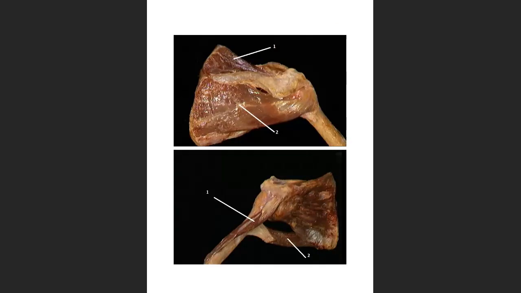Okay. Now this right here. Okay, go ahead, Michaela. Number 1 is the supraspinatus, and number 2 is the infraspinatus. Correct. And what about number 2 here on the other one?